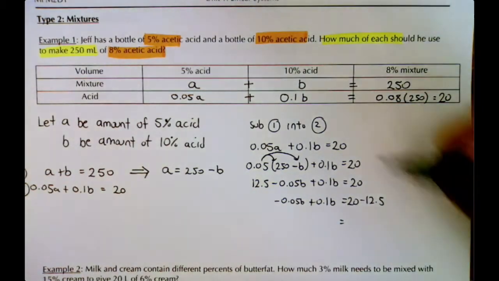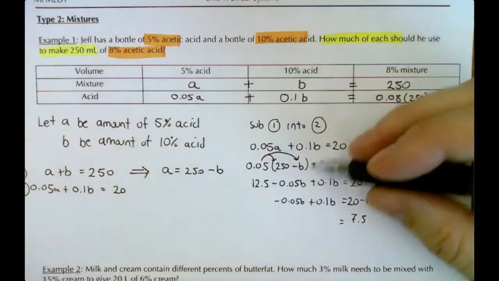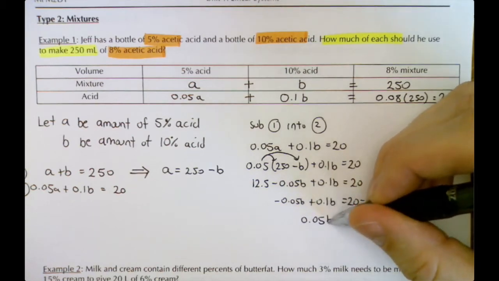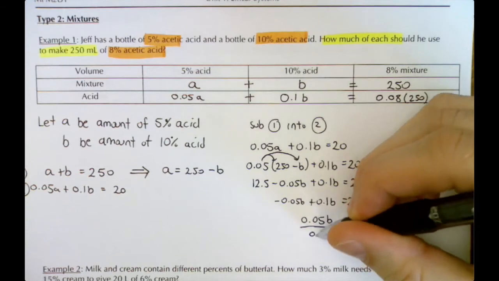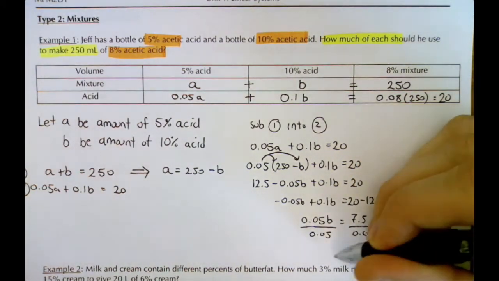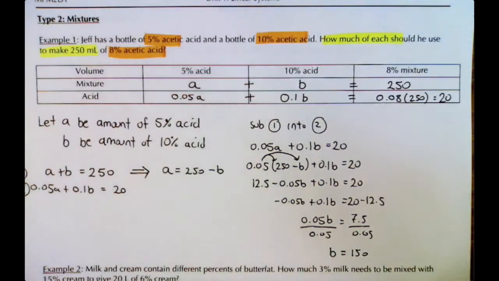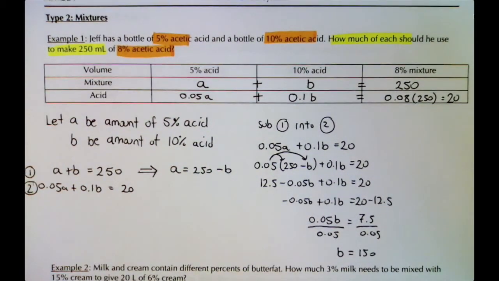We put our like terms together, we get 7.5 on this side, and on this side we get 0.05B. Last step, divide away the 0.05. We end up with B equals 150. And we're talking milliliters, so that's 150 milliliters.